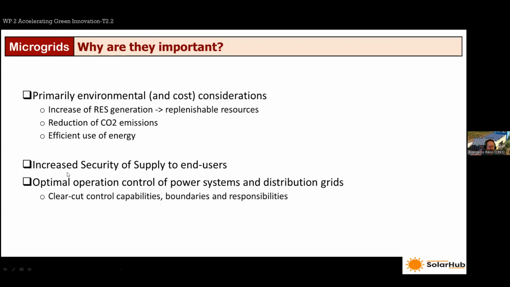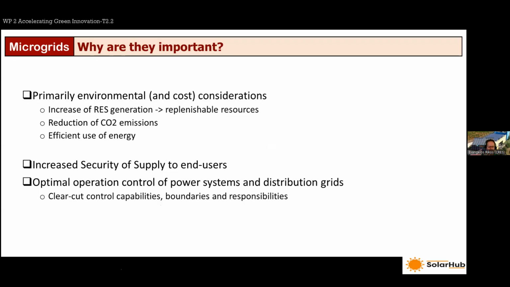With the control and the design, they can increase the security of supply to end users. If a disturbance happens in the distribution grid, like a power outage, the microgrid is able to cope with it, to detect it, switch to an islanded mode, and maintain the electrification for the critical loads.